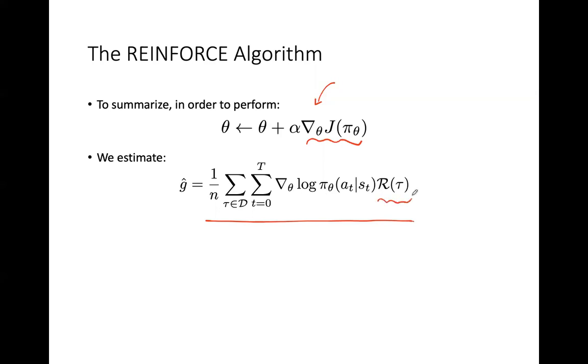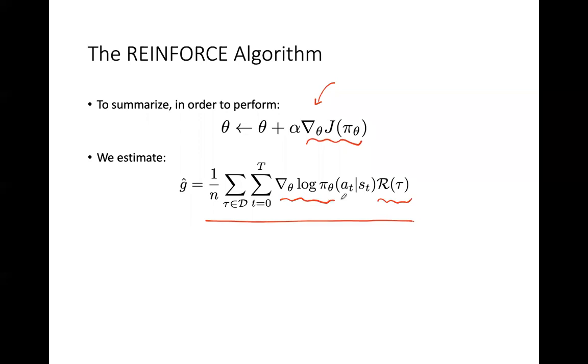This R of t is simply the return, the sum of discounted rewards from my episode. We know how to do that, because my agent simply takes actions and I can observe the rewards I collect along the way. Once I've collected them all, I can sum them up and discount them to compute the return.